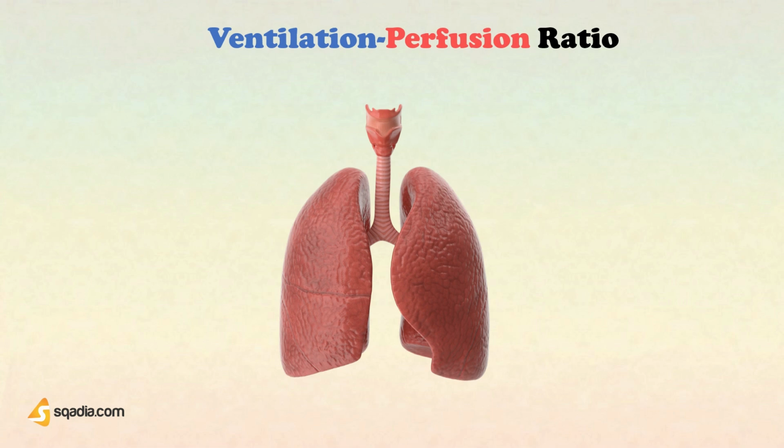Lungs can be divided into 3 distinct zones. The top of the lung, this yellow part, is the zone 1, or what we call apex, or the apical portion. Zone 2 is the middle of the lungs, this part highlighted in green, and the bottom of the lungs is the zone 3, this blue part, also called the base of lung.